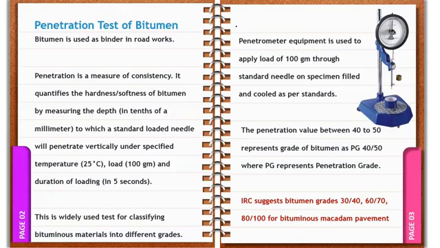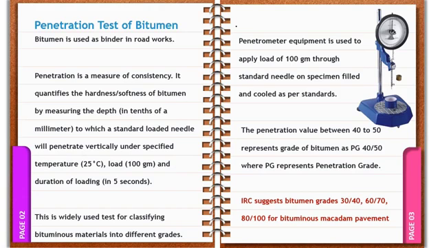The penetrometer equipment is used to apply a standard load of 100 gram through a standard dimensional needle on a specific bituminous sample filled and cooled as per standard conditions. A penetration value between 40 to 50 represents the grade of bitumen as PG 40/50, where PG represents penetration grade.